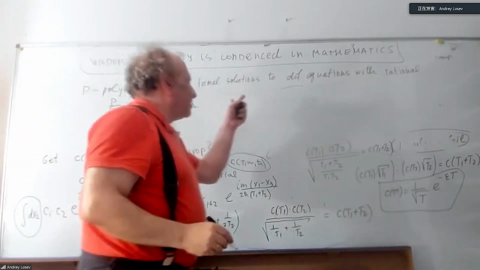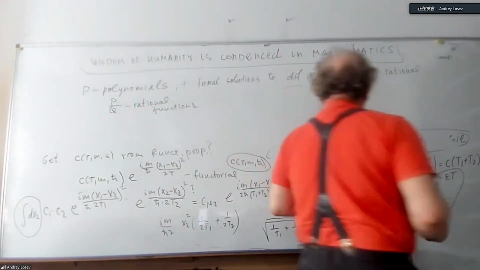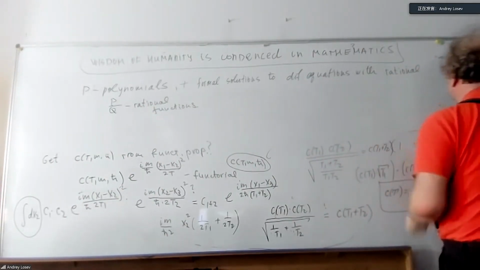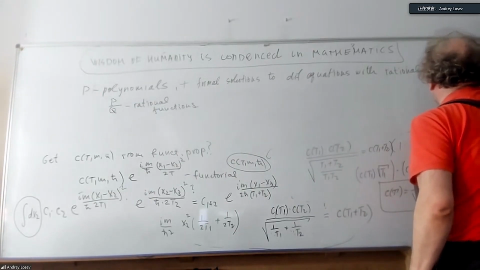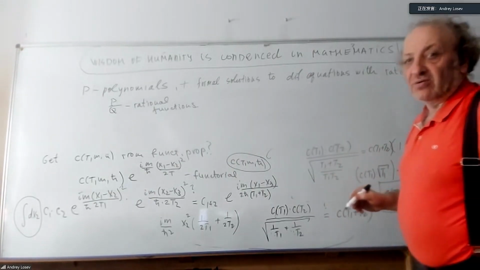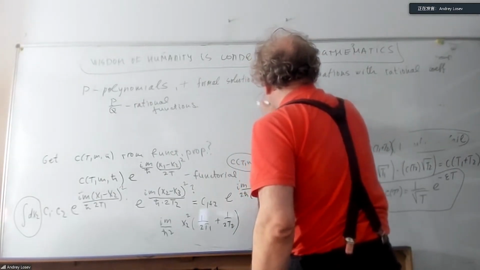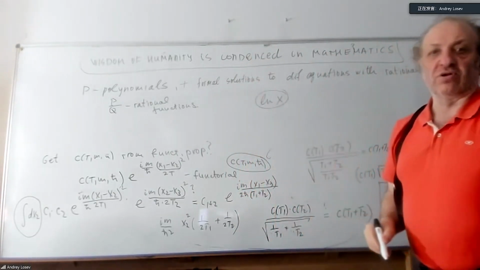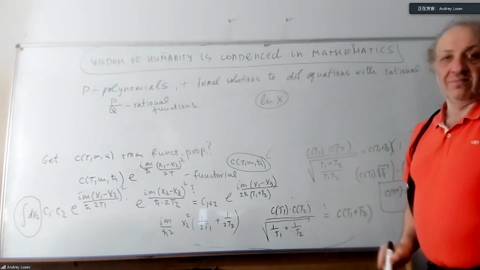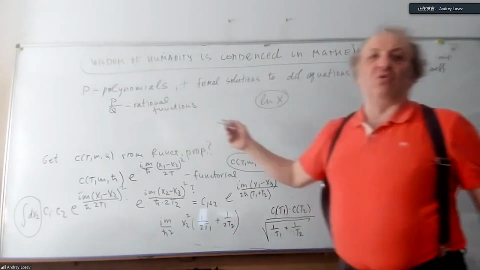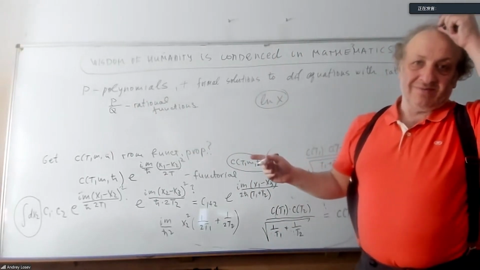And then you add to the space of functions formal solutions to differential equations with the rational coefficients. In particular, you would like to add the thing that is called log. It is neither a polynomial nor a rational function.